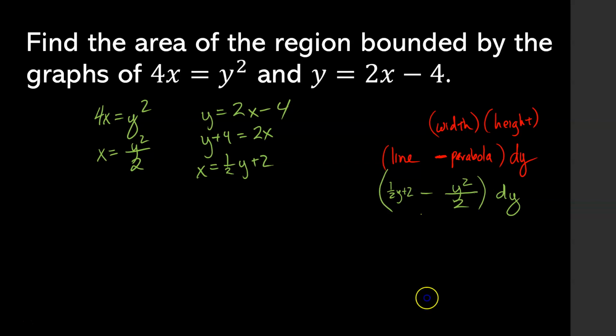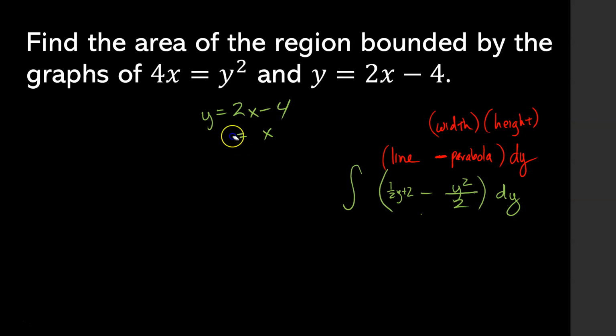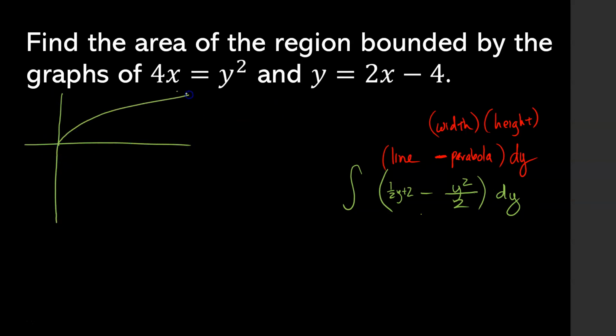Okay, now many of us might be realizing we need to add up all those rectangles, and we need to go from intersection point to intersection point. Well, I never found those, so let's go back real quick. We had something about like this.